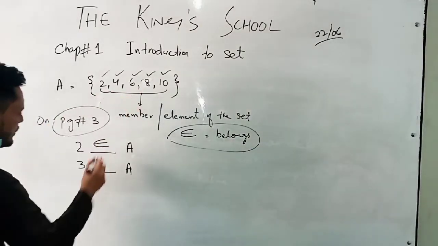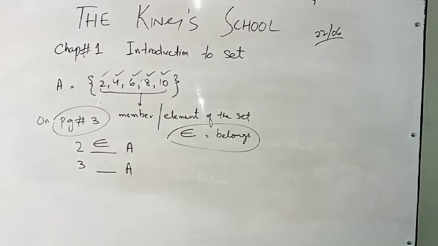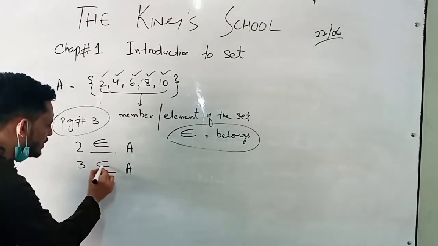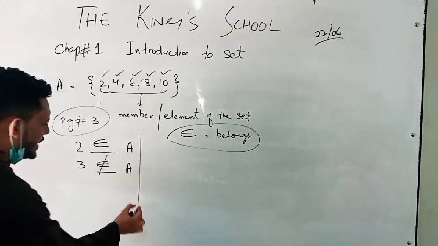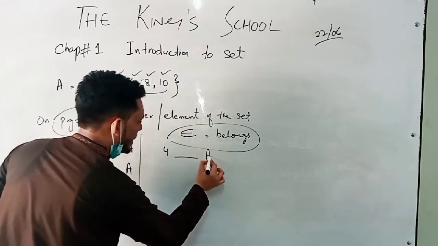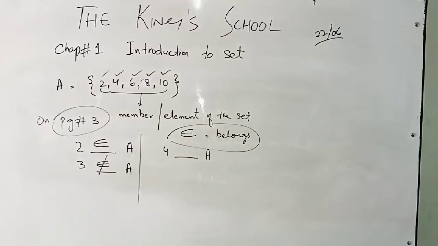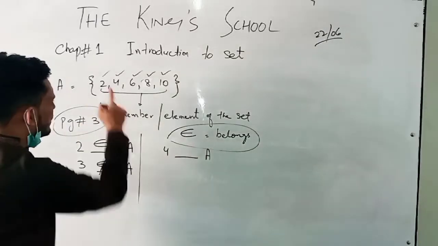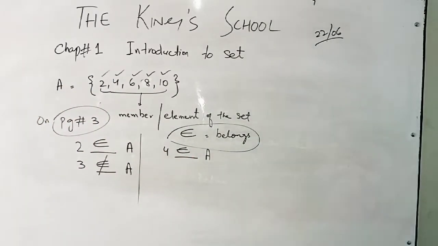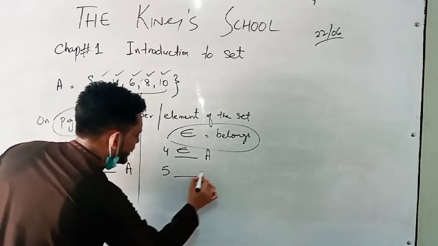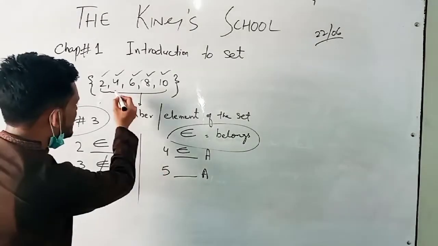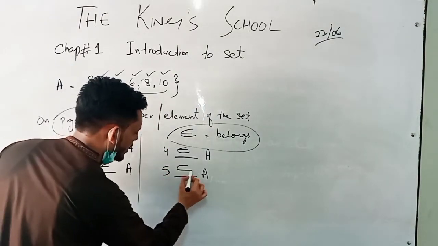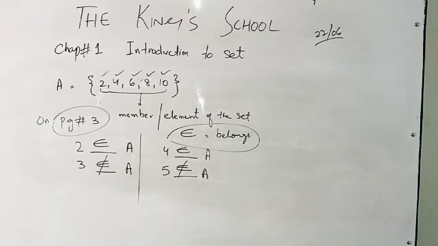Obviously not, because in this set, 3 is not an element of the set. So we write not belongs to. Same as 4: does it belong to A or not? Yes, 4 belongs to set A. Like 5: does it belong to set A or not? It is not present in the set, so we write not belongs to.